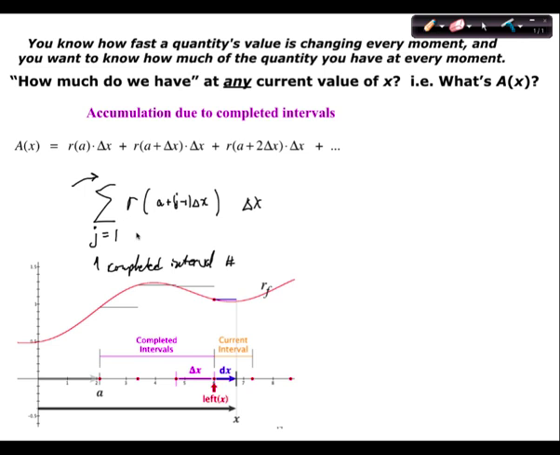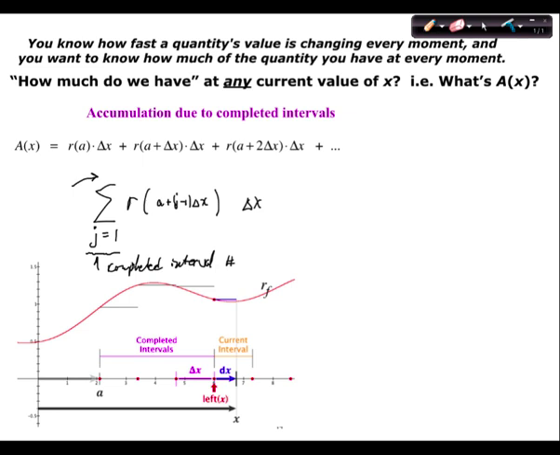Okay, but j is only talking about completed intervals, right? So don't worry about the current interval. So if j is the index on the completed intervals, then when's it going to stop? But these j aren't x values, right? j is the interval number: first interval, second interval, third interval. So those are different than x.